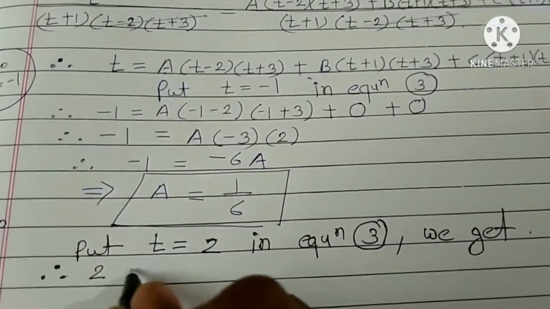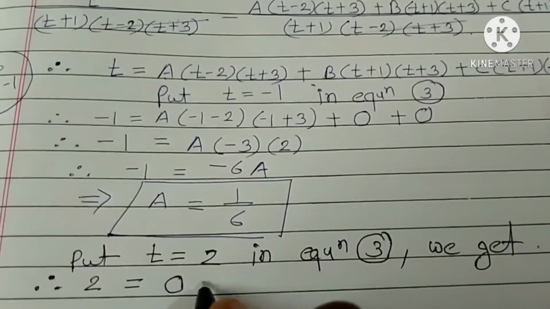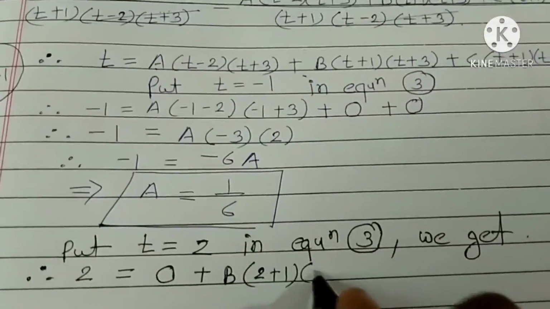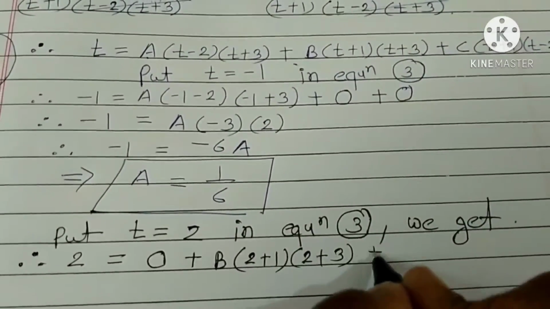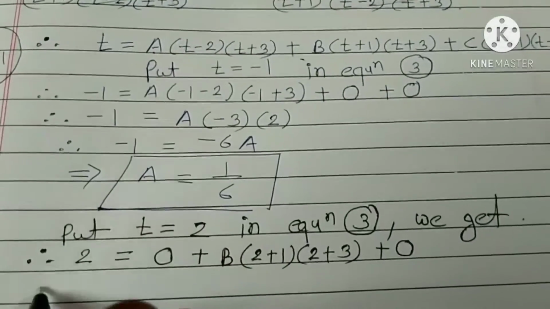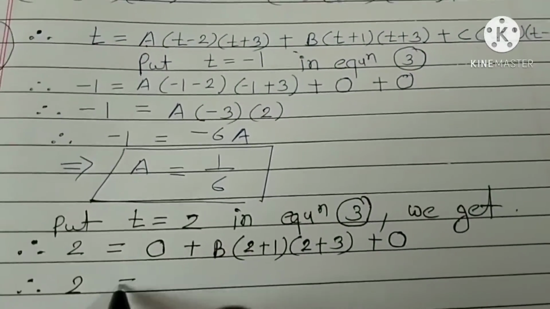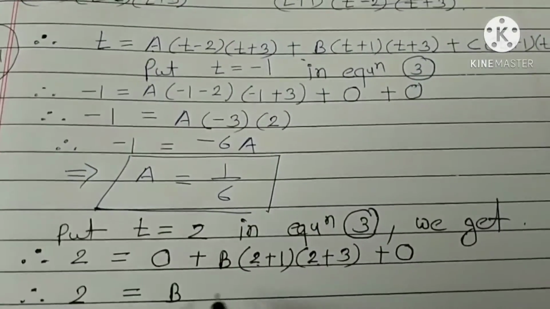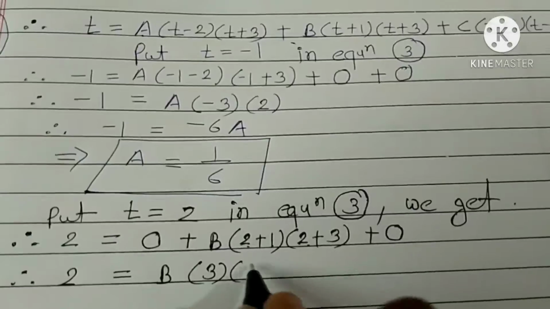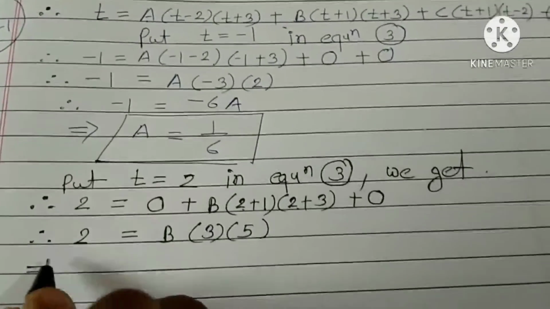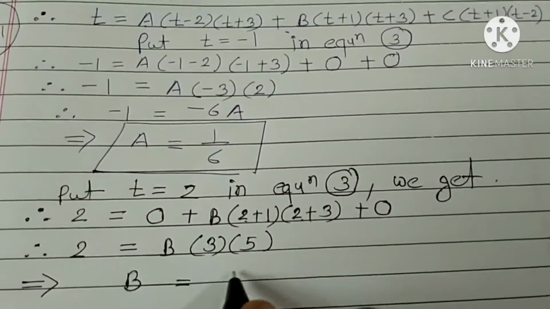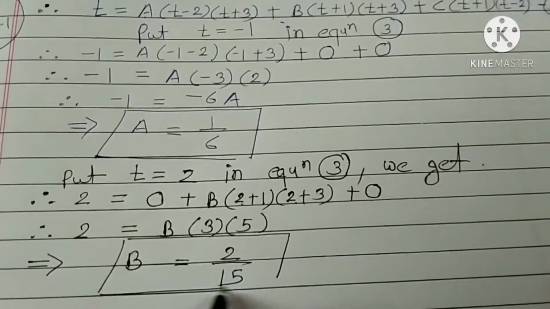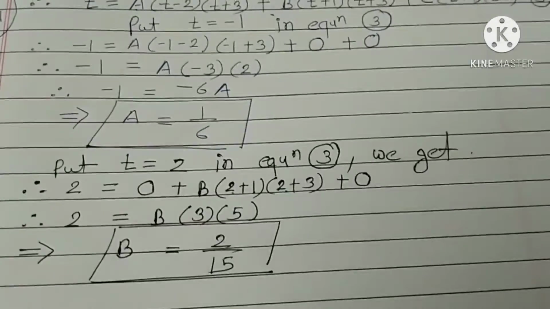Therefore 2 is equal to 0 plus b into (2 plus 1)(2 plus 3) plus 0, and therefore 2 is equal to b. 2 plus 1 is 3, 2 plus 3 is 5, so 3 into 5, and that's why we get b is equal to 2 upon 15. So this is our second value.